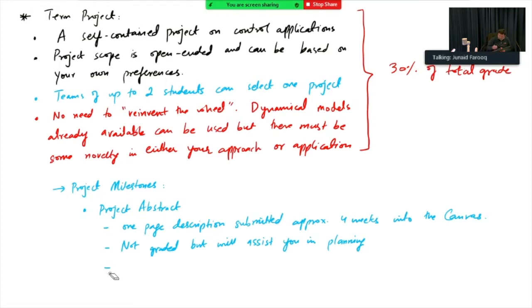And then you will have a midterm review. That review will be basically a half-baked project report, again a few weeks before your final report.